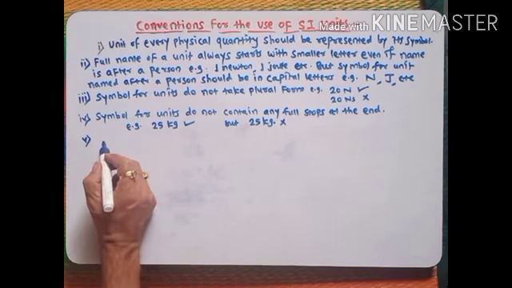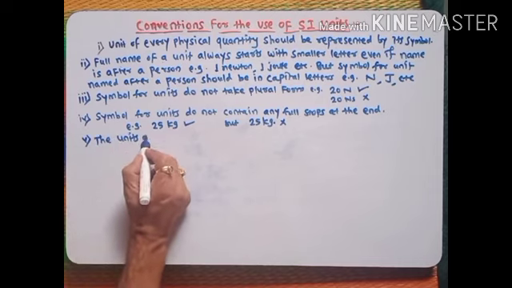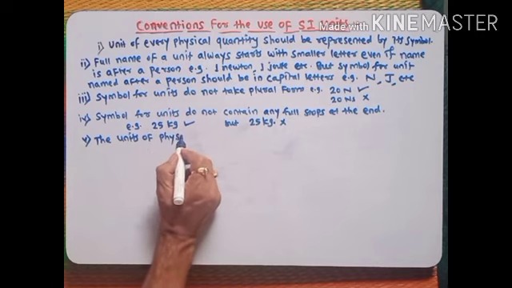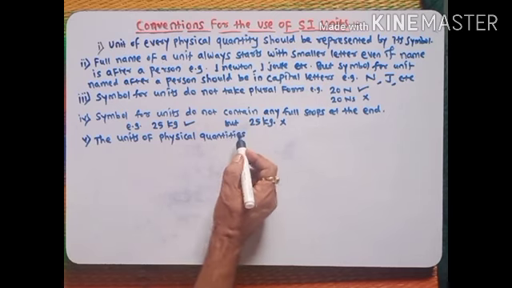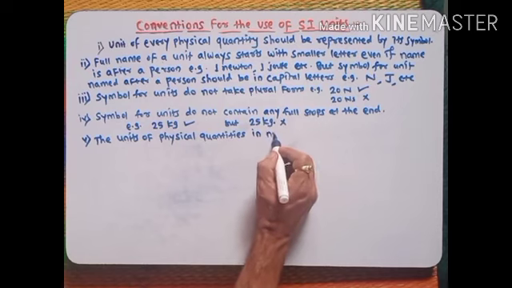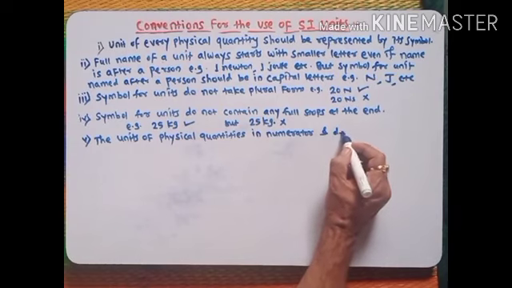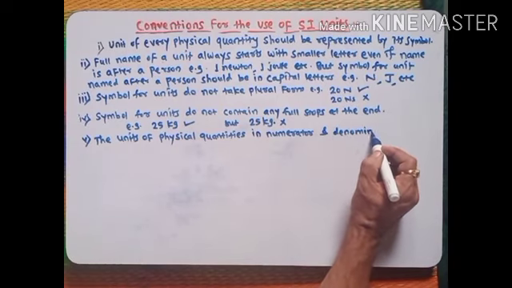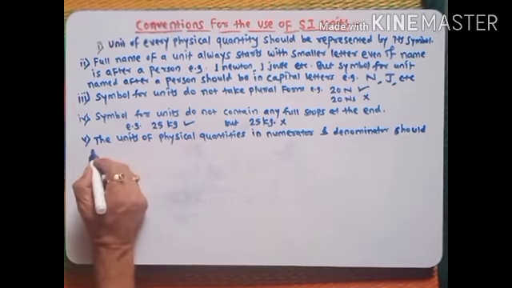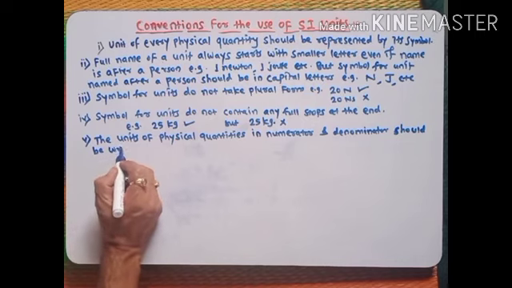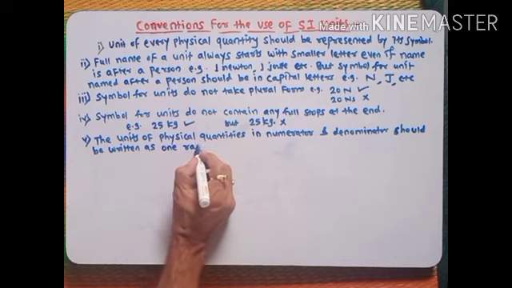Fifth rule, the units of physical quantities in numerator and denominator should be written as one ratio.